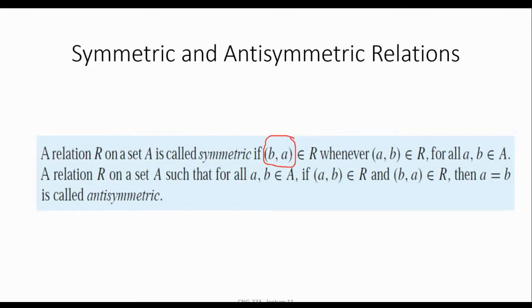So if you have (b, a), for sure you should have (a, b) inside the same set. Otherwise, we don't call it symmetric. And a relation R on a set A is antisymmetric if for all a, b in A, if (a, b) belongs to R and (b, a) belongs to R, we have no other choice but to make them equal. Otherwise, this is not antisymmetric. We can talk about it now, also in the same example.